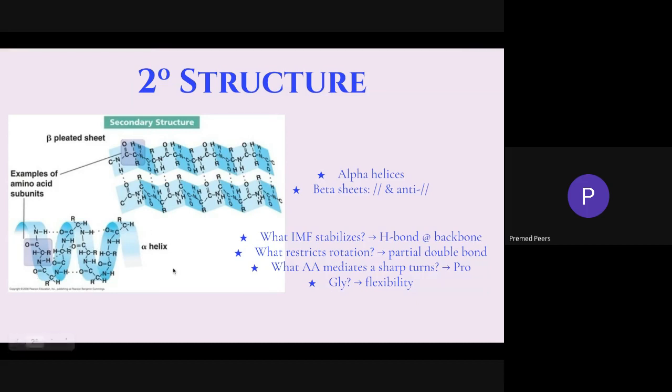And secondly, for the alpha helix structure, you can also see the same kind of hydrogen bonding occurring in the little gap within the rotation of a cycle that is going from up to down or down to up. So you see that along the alpha helix structure.